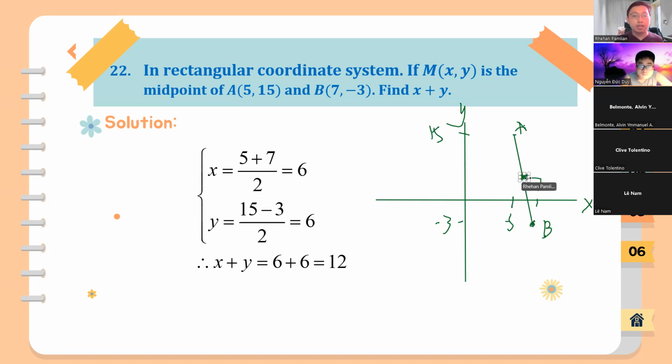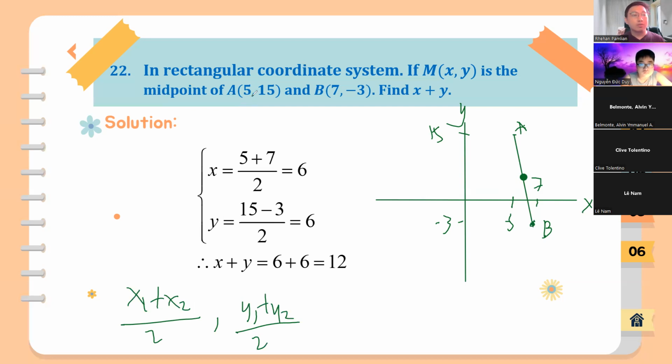Yeah, it should be somewhere here, right? In this case, to get the x and y here, you either draw it geometrically or use the formula. For the midpoint, you add x1 and x2 all over 2, and for y, y1 plus y2 all over 2.